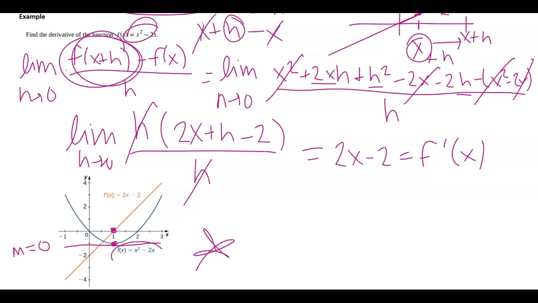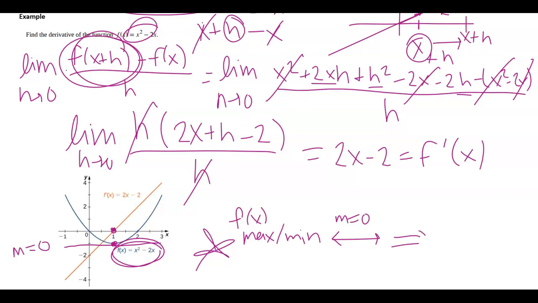Where a function has a max or a min, it's going to have a horizontal tangent line, which tells me f prime of x must be 0 at that x value.